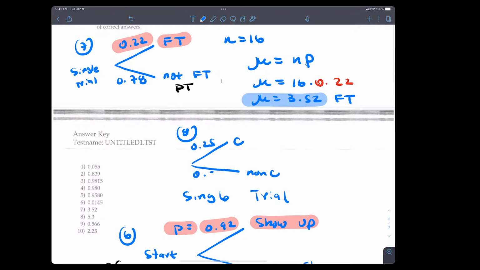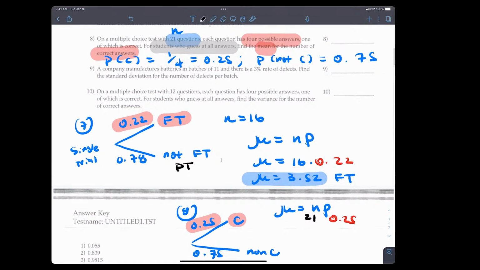0.25, 0.75. The mean, mu, is NP. For the number of correct guesses now, this is our success. So this is going to be, I want to get red, my P is 0.25. Now, remember what they said N was. N is 21 questions. So they're guessing on all 21 right in here.